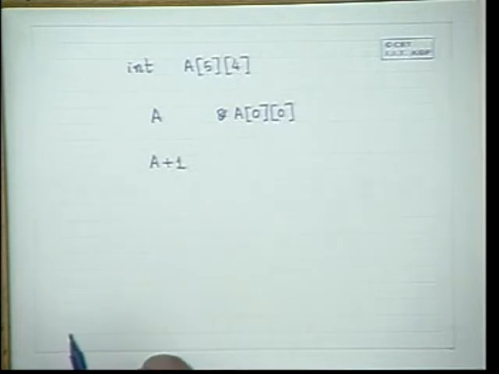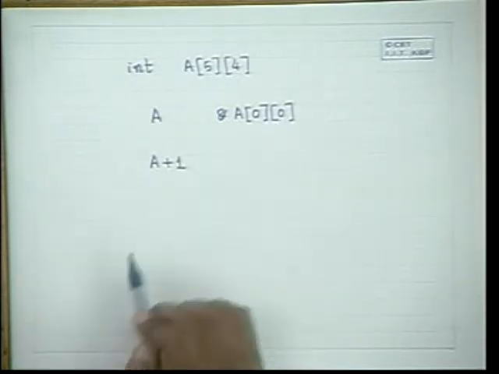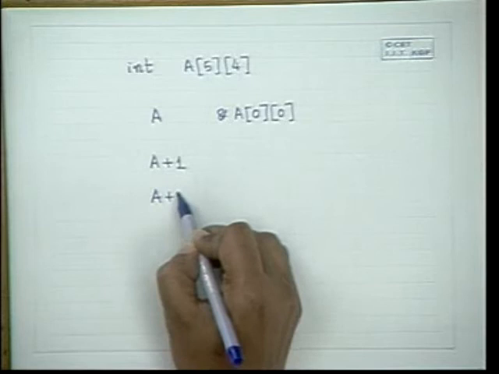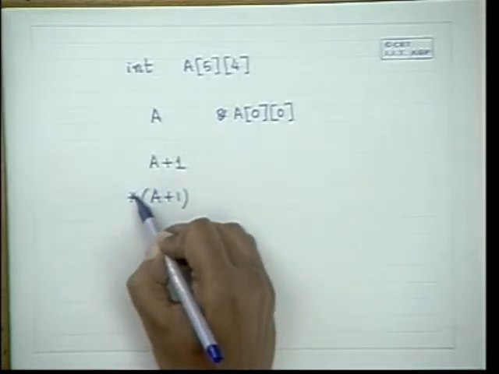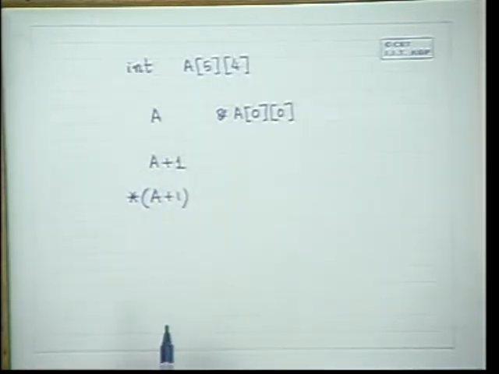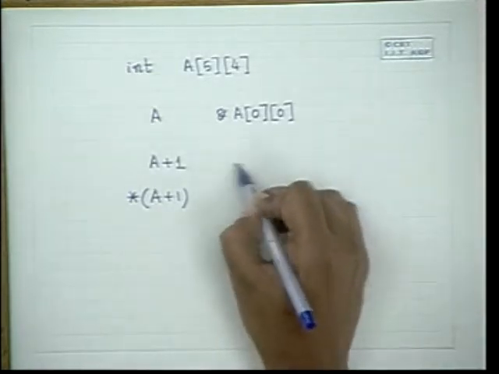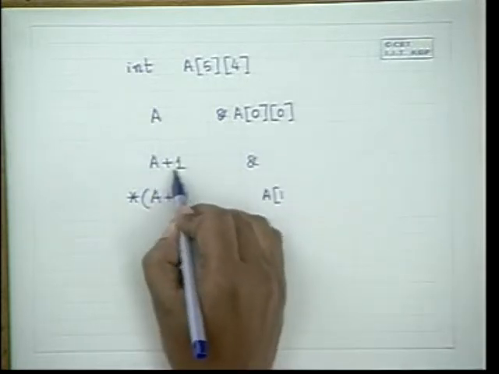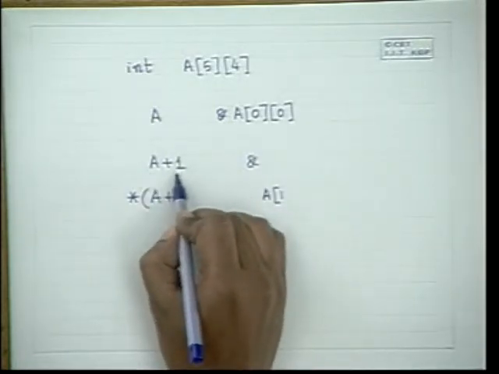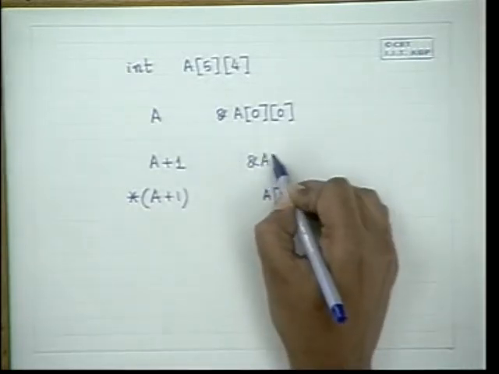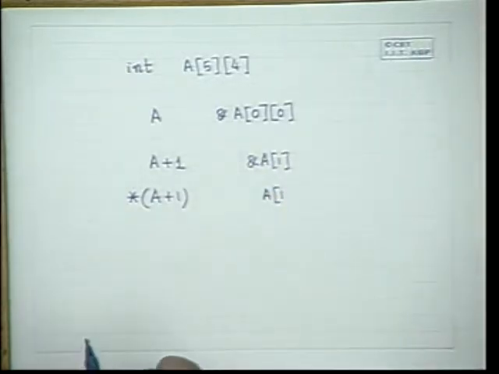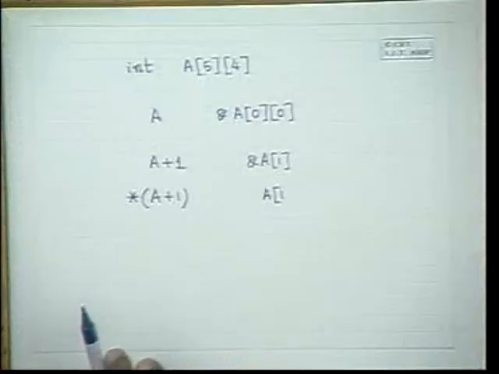That is the first question. What is A plus 1? What is the content of A plus 1? The content of A plus 1 is A[1]. This is the same. If it was a 1-dimensional array, A plus 1 would have been &A[1]. Here also it is &A[1]. This is very streamlined.